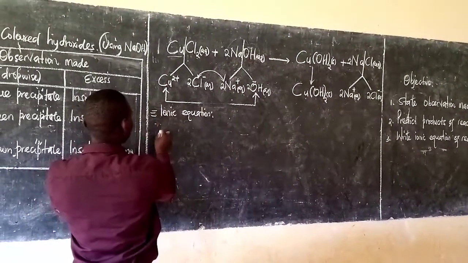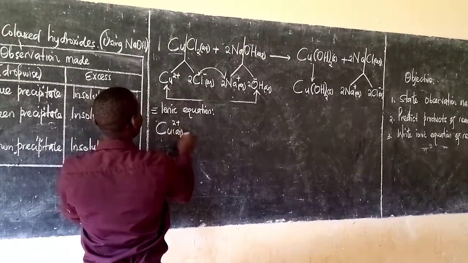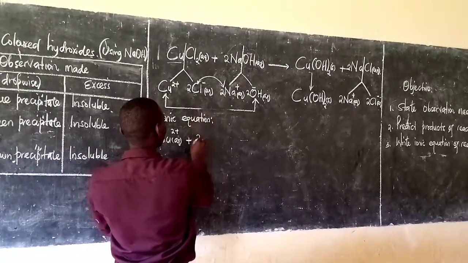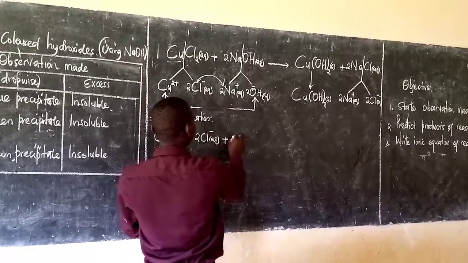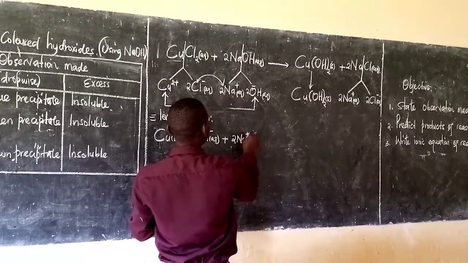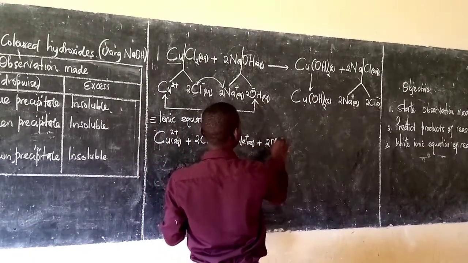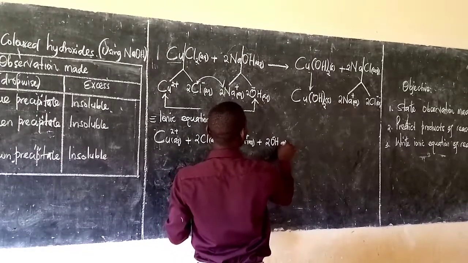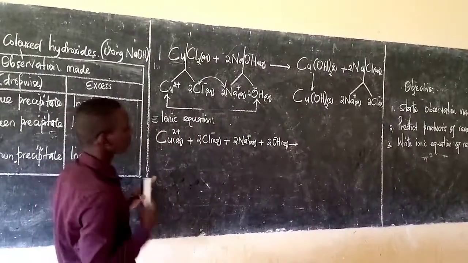Let us outline everything the way it is in terms of the ions. So we bring copper 2 ions in solution plus the 2 chloride ions in solution plus the 2 sodium ions in solution plus the 2 hydroxide ions in solution. The reactant side is finished. We go to the product side.